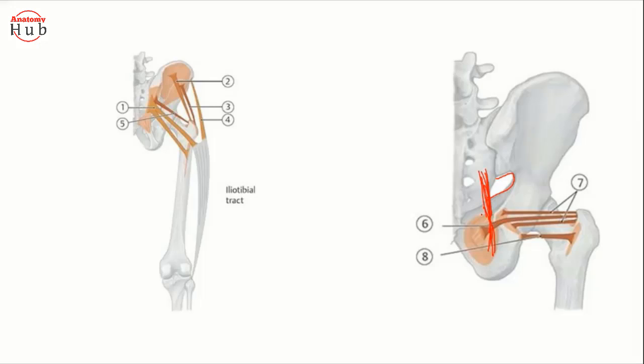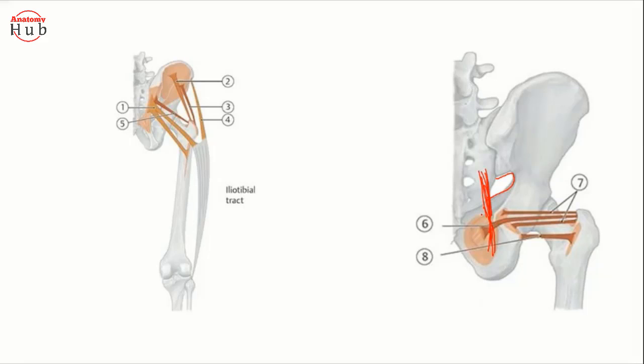But through the greater sciatic foramen pass mainly the piriformis muscle, superior and inferior gluteal artery, vein, and nerve, the sciatic nerve, and the pudendal nerve, along with the pudendal artery and vein.